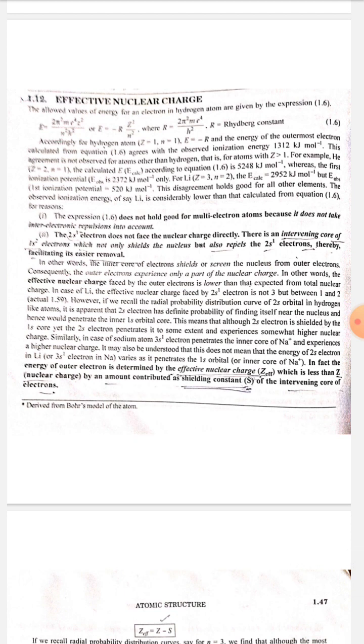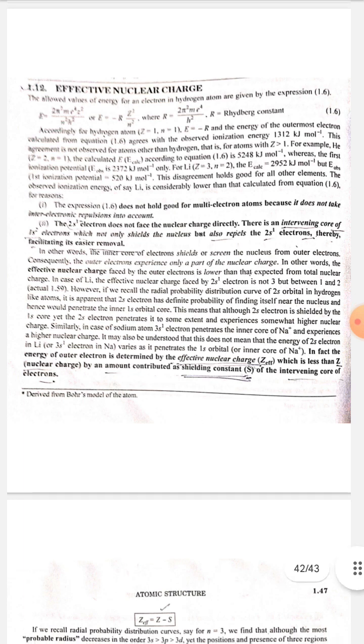Consequently, the outer electron experiences only a part of the nuclear charge. In other words, the effective nuclear charge faced by the outer electron is lower than that expected from the total nuclear charge.